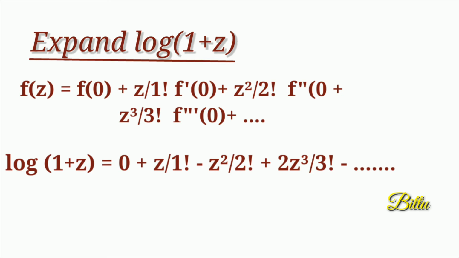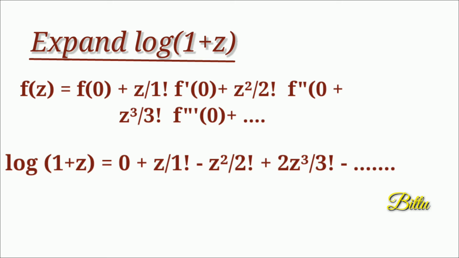See, log 1 plus z is a standard function, so we must know its expansion. So for getting a beautiful series, we have to rearrange the terms. So the first term is z, second term is minus z square by 2 factorial. In the third term, there is a simplification. After the cancellation, you can see third term is z cube by 3.